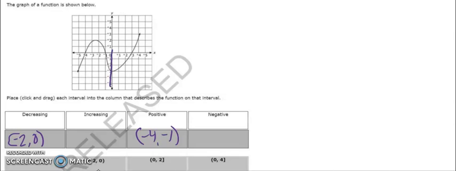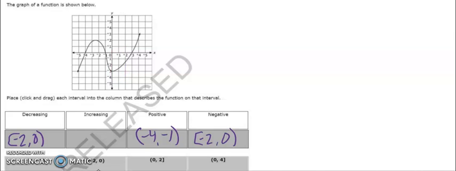So here's 0. Here's 2. In this interval, it's all positive, right? It's all going upward. Does that make sense? No. It's all in the negative portion. This is negative. Negative 2 to 0, it's negative.